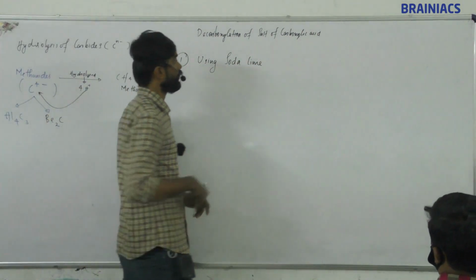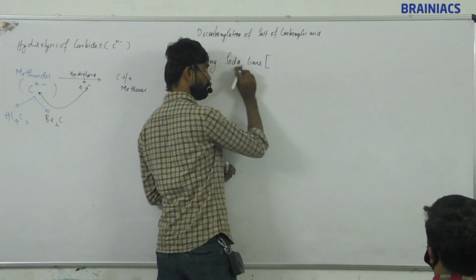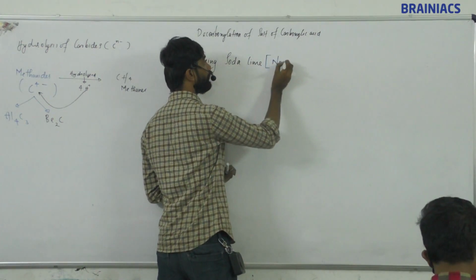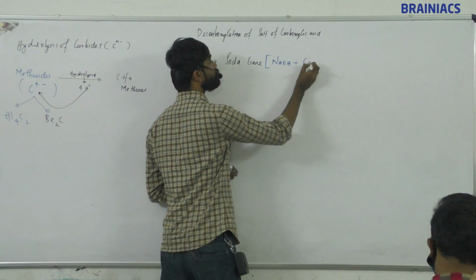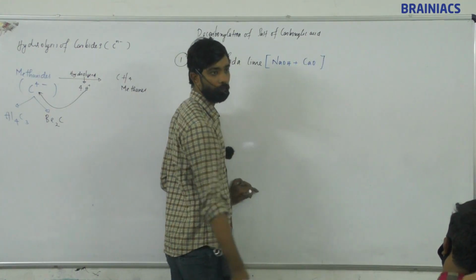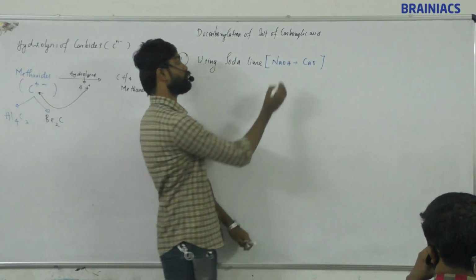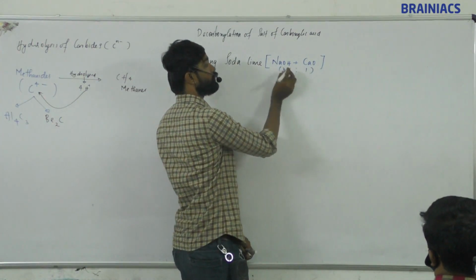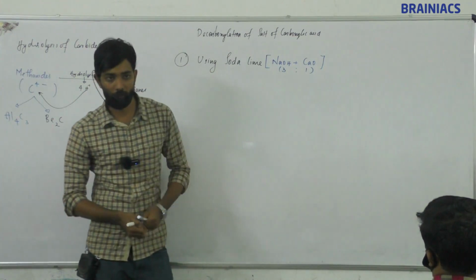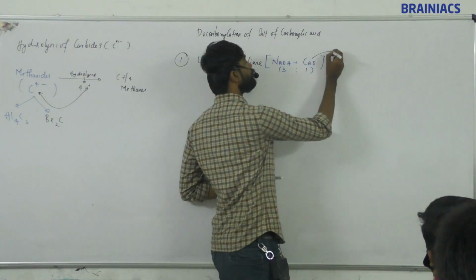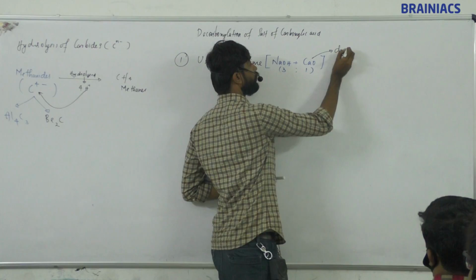Soda stands for NaOH, and lime indicates CaO. This should be in a 3:1 ratio. Actually, the reacting component is NaOH. CaO is a drying agent.